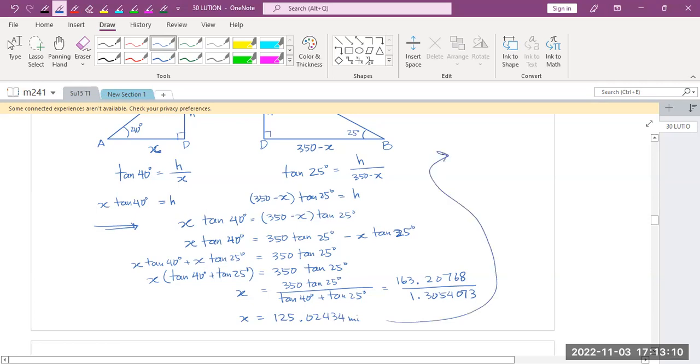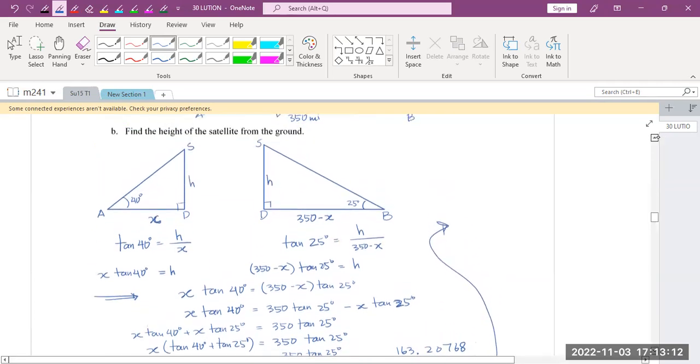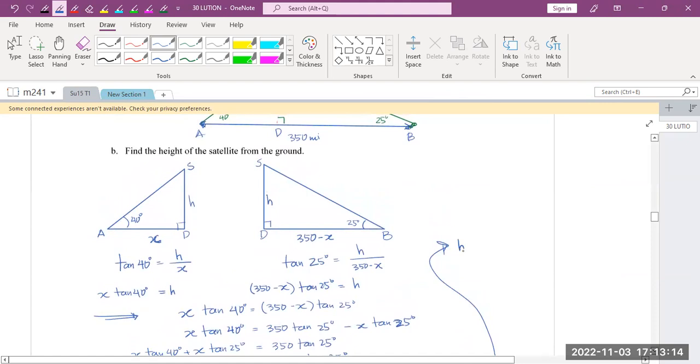We need the h. And we know h is equal to x times tangent 40 degrees. We already know the x, which is 125.02434 times tangent 40 degrees.